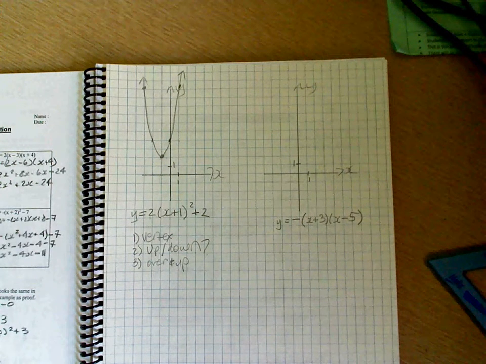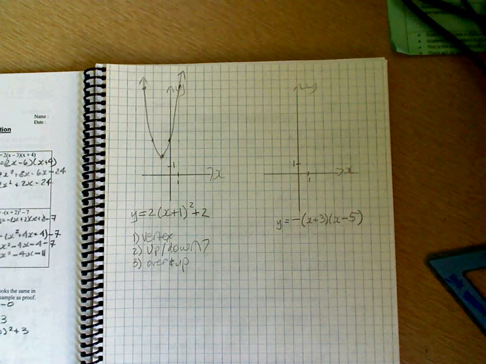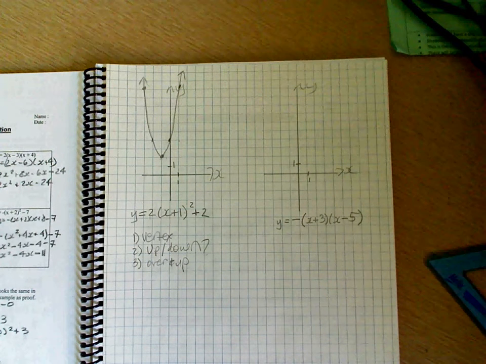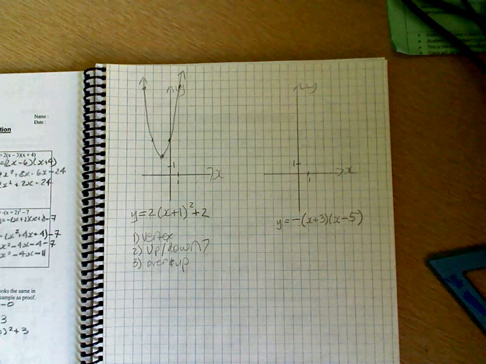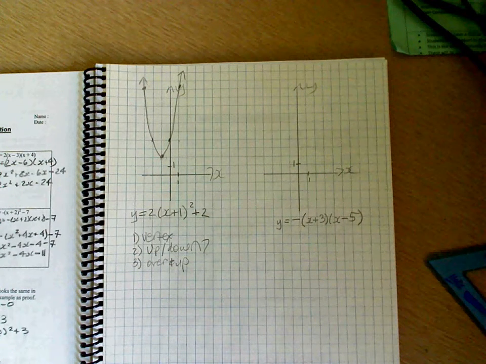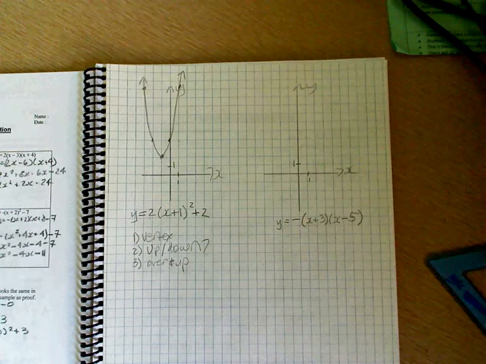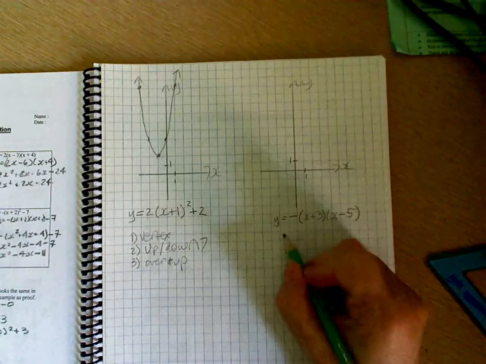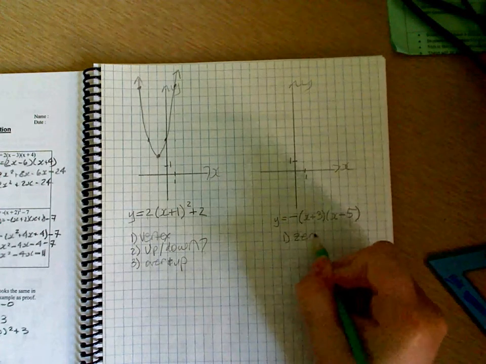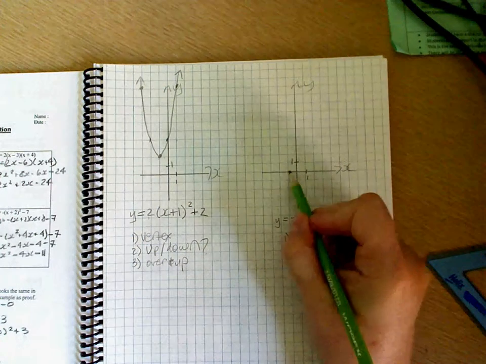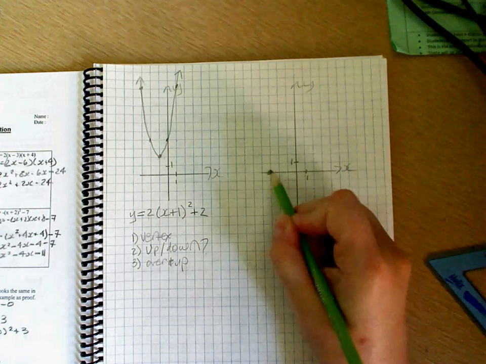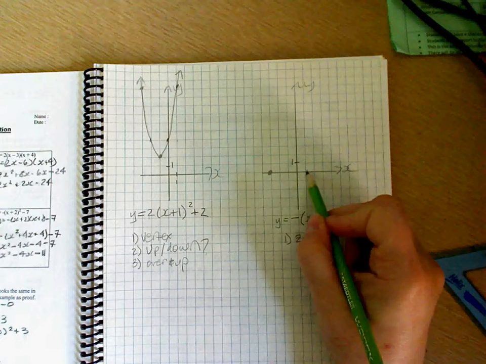Y equals negative quantity x plus 3 times quantity x minus 5. So you know that quantity stuff communicates that there are brackets. Okay, so the first thing is to plot our what? Plot those zeros. Number 1, plot the zeros, which are negative 3 and positive 5.